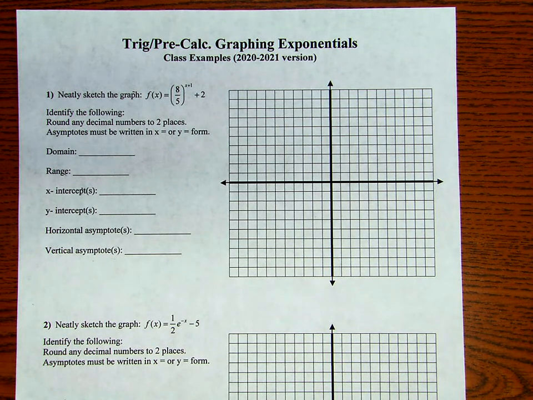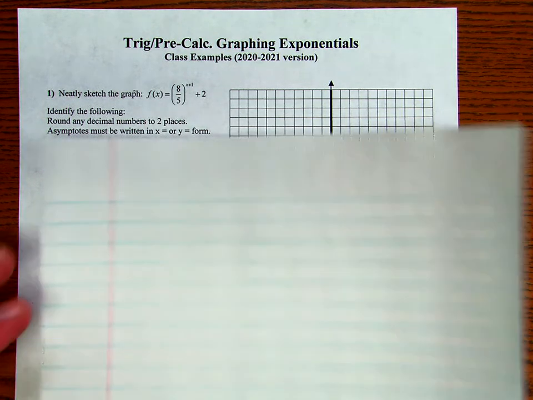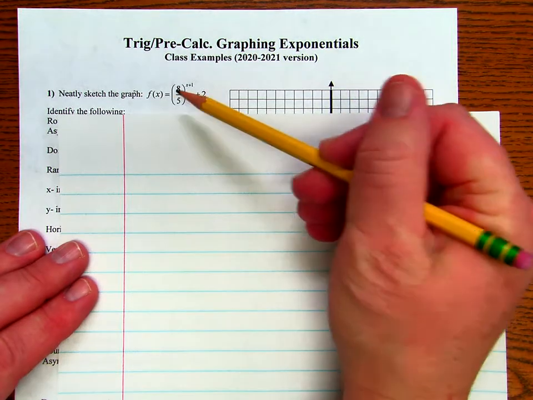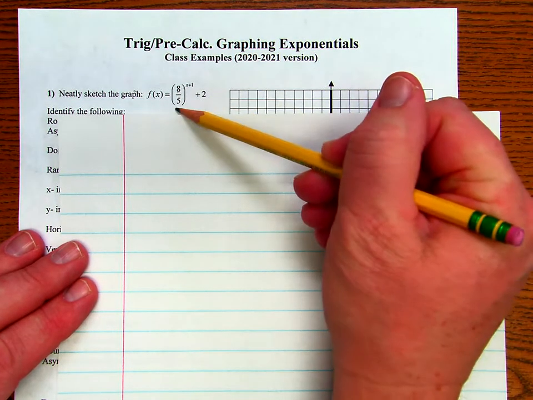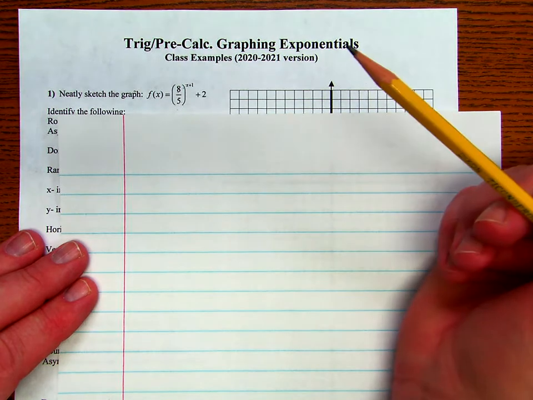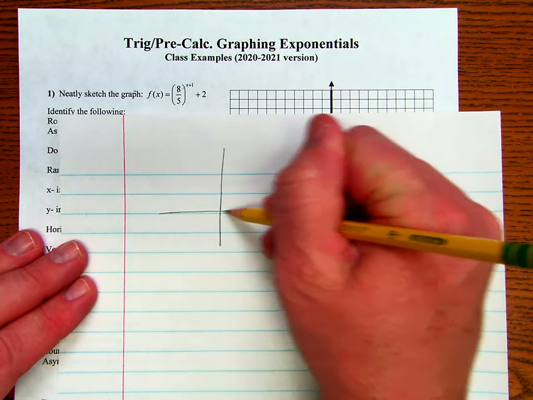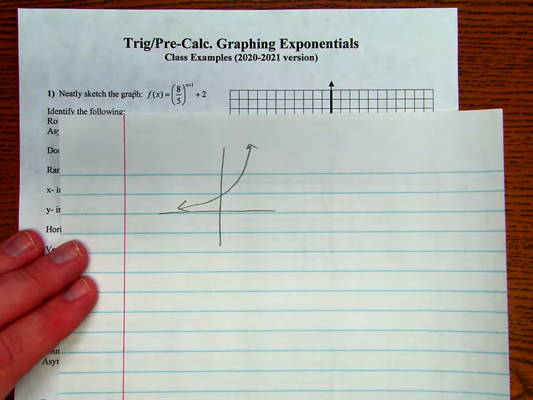All right. First thing I want to do is get a rough idea before we do anything specific of what this graph is going to look like. This base here is bigger than 1. 8/5 is 1 3/5, with a positive coefficient in front of the variable, which is in the exponent. So what we have here is a basic exponential growth graph like that.